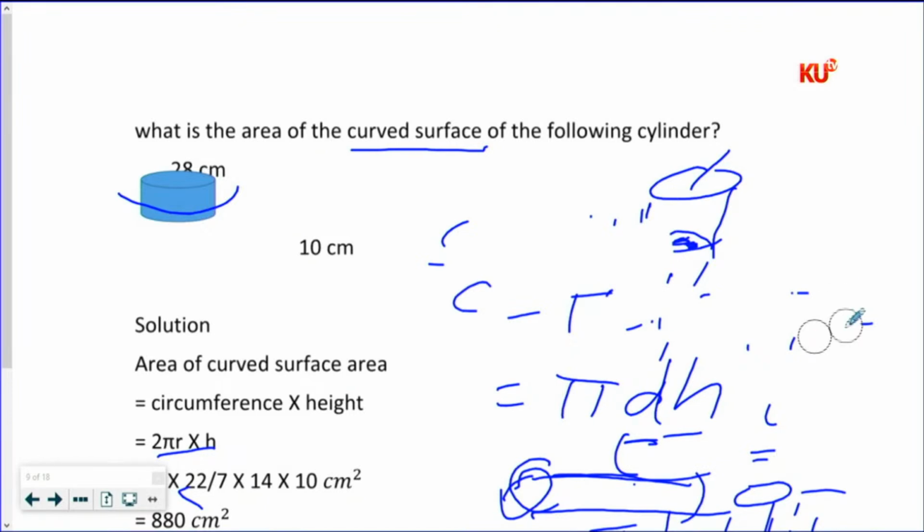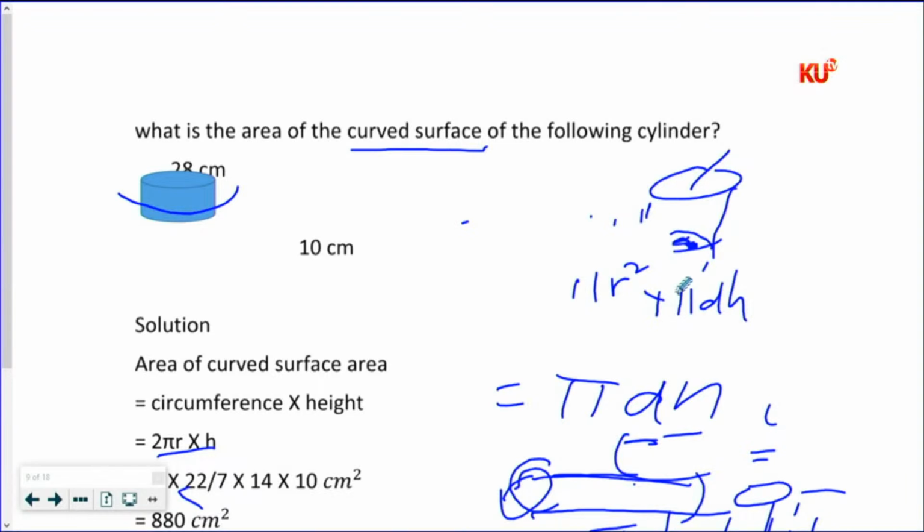Area of the bottom part, which is a circular shape, will give us pi r squared, plus the area of the curved part, which will be pi d h.